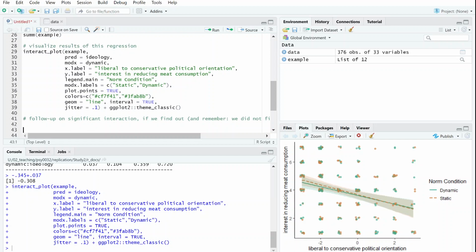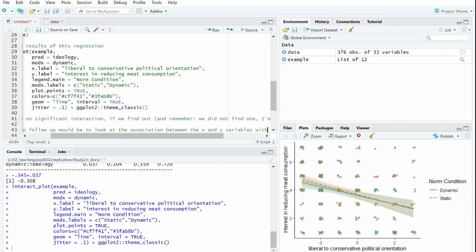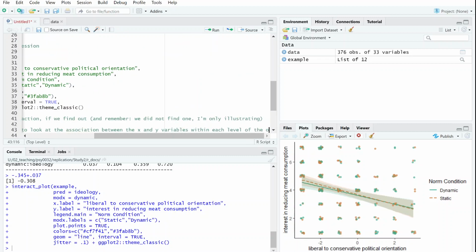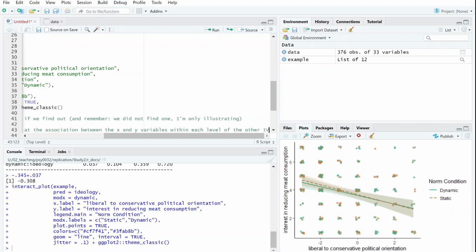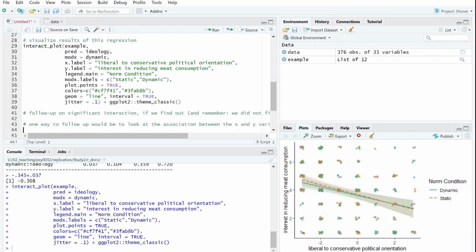So one way to follow up would be to look at the association between the x and y variables within each level of the other IV, which is norm condition. Okay, so x here is political ideology, y is interest in reducing meat consumption, and the other IV here is norm condition. So that's one way we could do that.